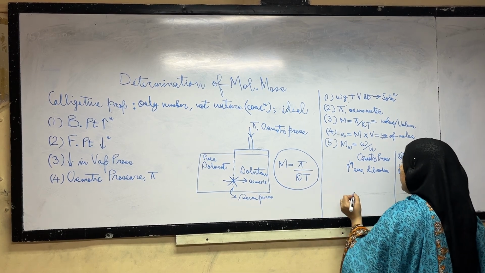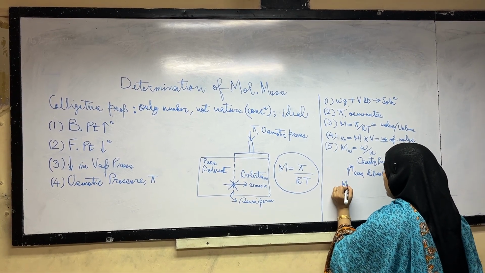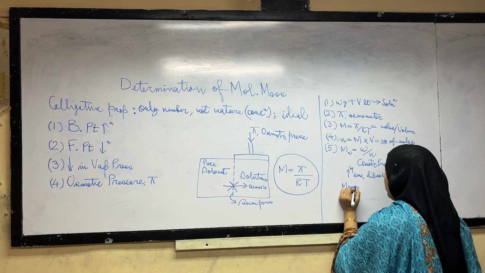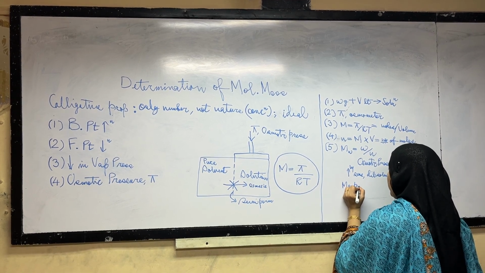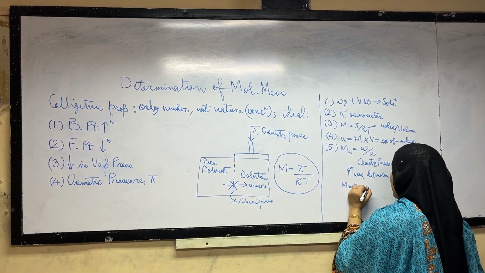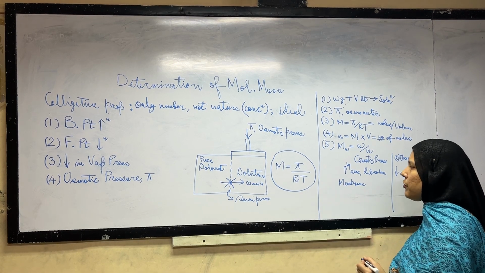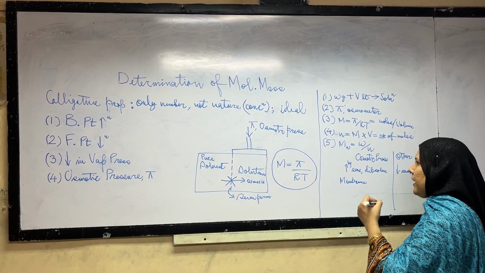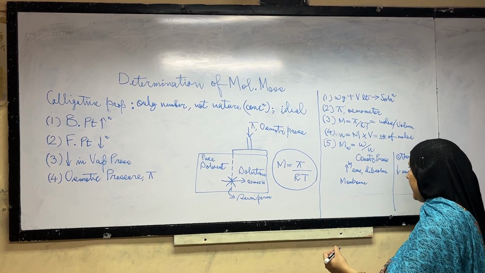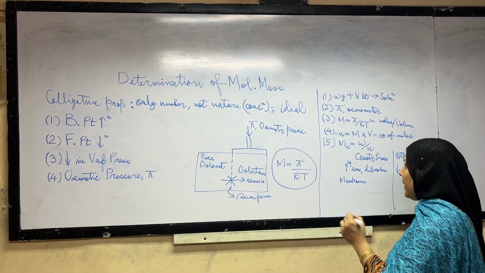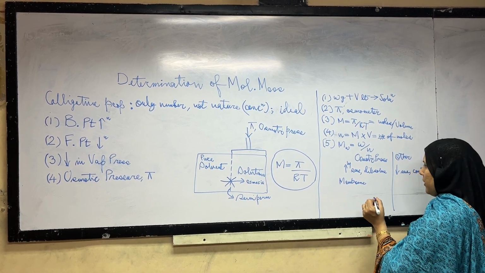Then the measurement itself. The osmotic pressure measurements require a semi-permeable membrane, and there are all kinds of issues with the membranes. The membranes get clogged, they have to be kept clean, and the solutions have to be ideal, only then they work, okay?